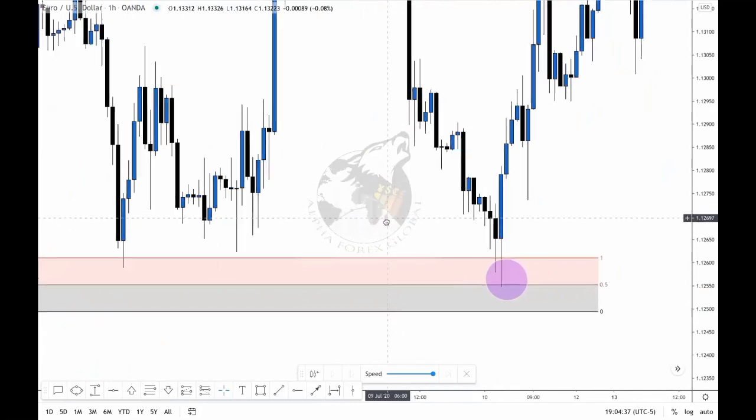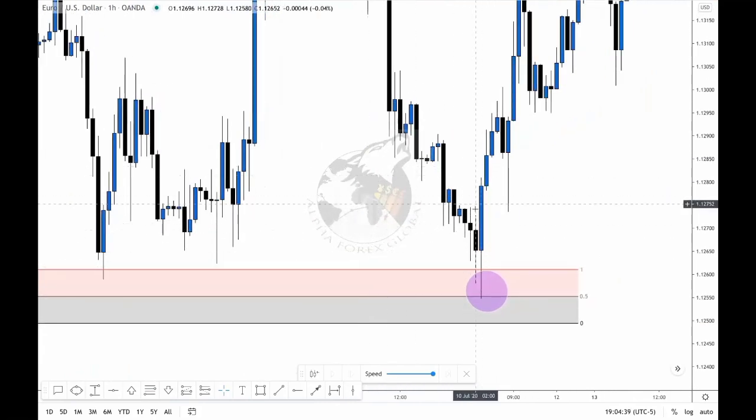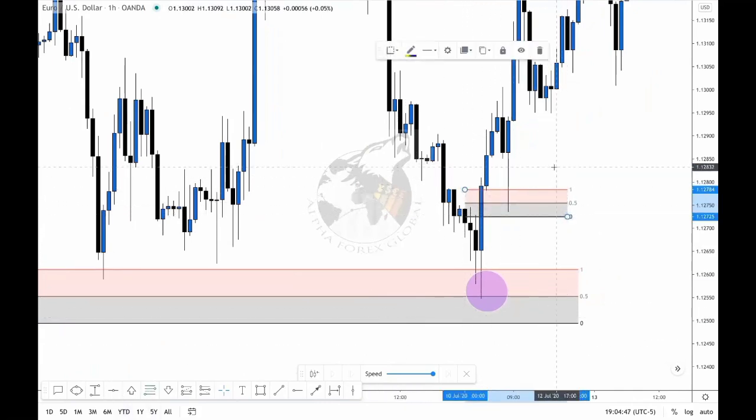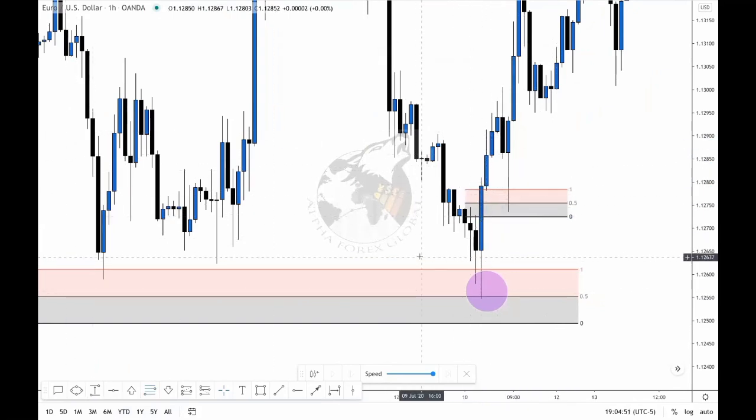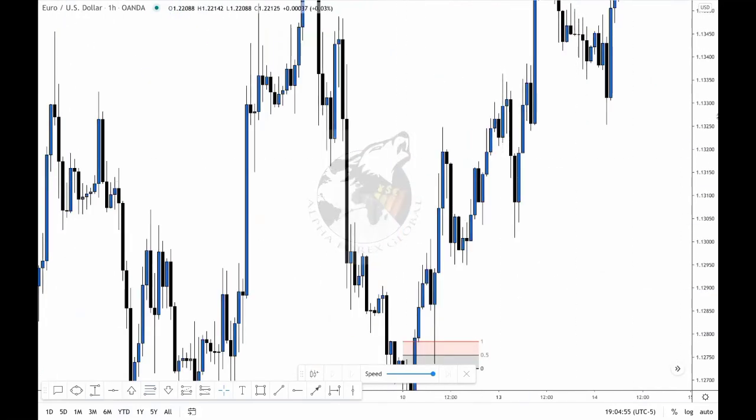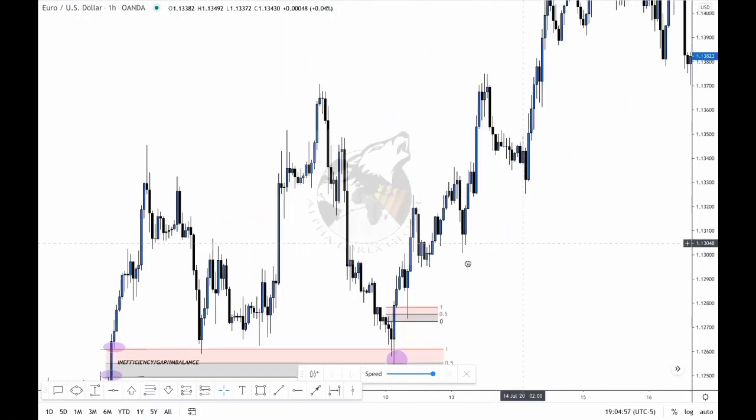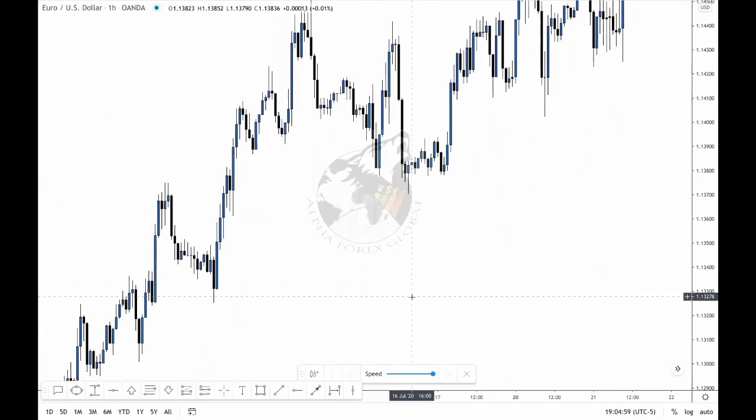Notice when the market came back, it pushed to the upside, creating an order block, and also it left an inefficient area right here. So this could have been another entry opportunity after the market mitigated. There are a ton of areas where you can identify inefficiencies.